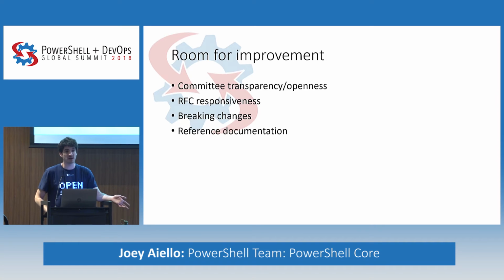Lastly, reference documentation. This is absolutely not a call out to the documentation team. As the engineering team, we have taken ownership of the reference documentation. We know that we've not been doing a great job there of documenting new features and parameters. There's even some stuff from 6.0 that's still missing from the documentation.